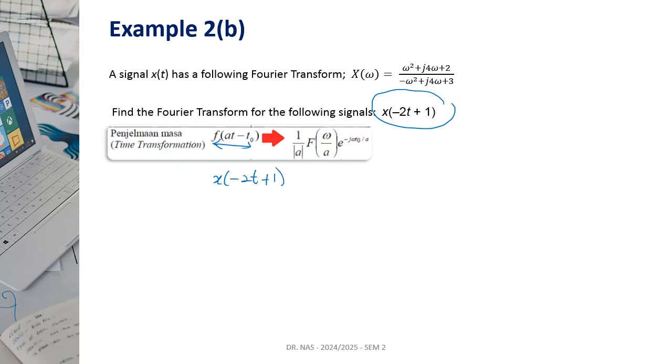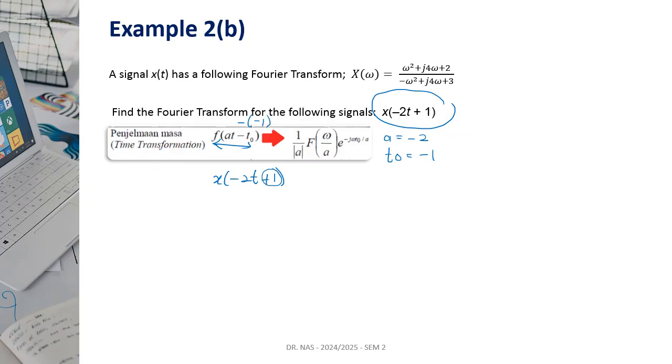So you know that your a in this case is equal to negative 2, and then your t naught is equal to negative 1. Why negative 1? Because the t naught at the back is positive 1, so it's negative 1.